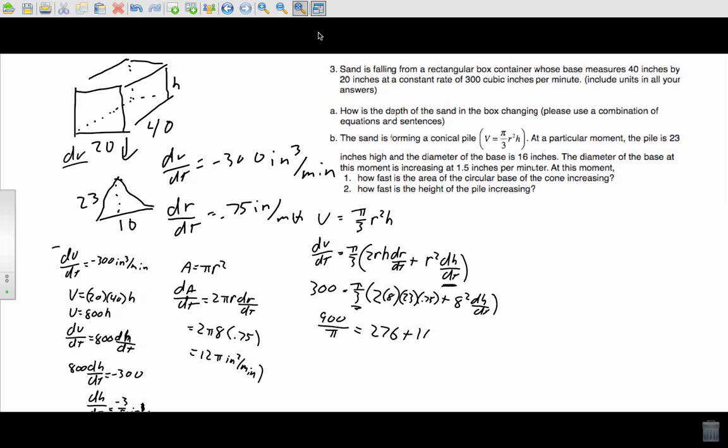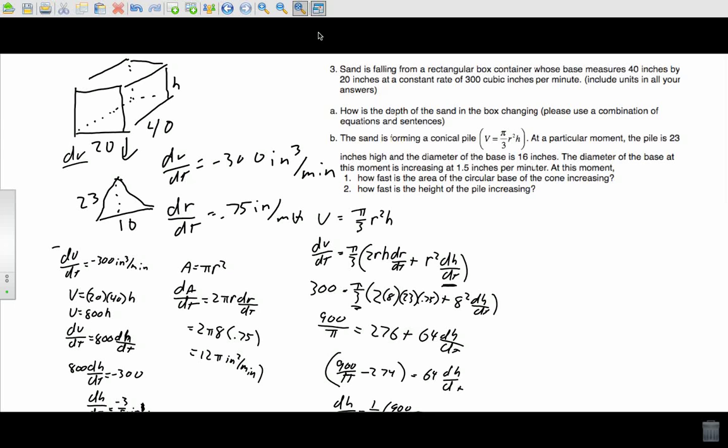that's not 16, let me erase that. It's not 8 plus 8, it's 8 times 8, so that's 64 dH/dt. So I'm going to bring 900 over pi minus 276 is equal to 64 dH/dt. So dH/dt is going to be 1 over 64 times 900 over pi minus 270, I said 274, is that right?